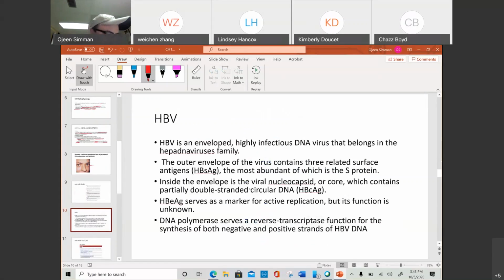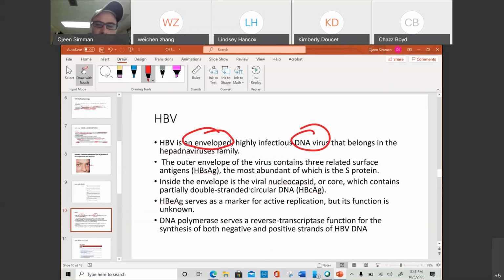Okay, so the next one is hepatitis B virus. Hepatitis B virus, as we said, is a DNA virus. It's an enveloped virus.